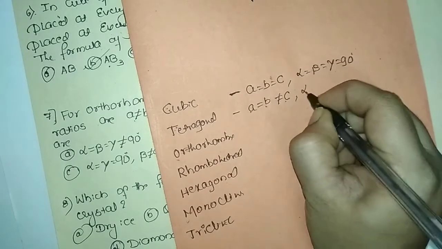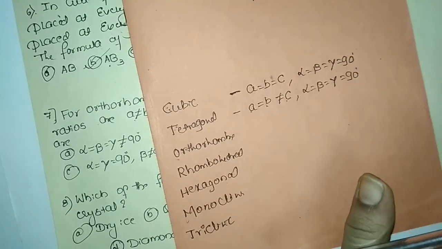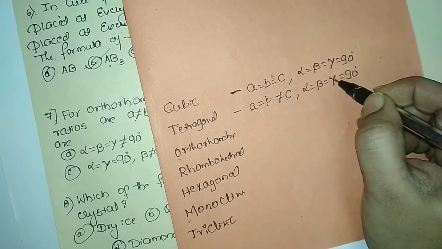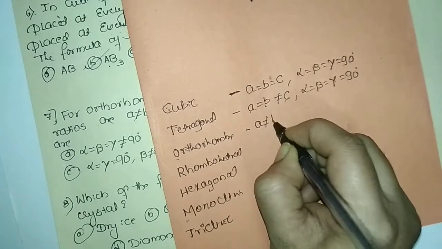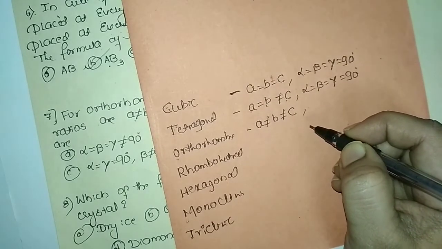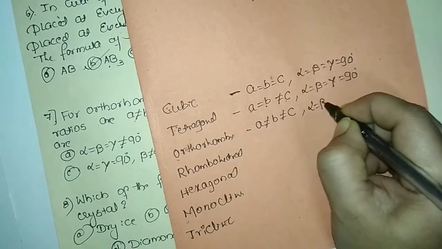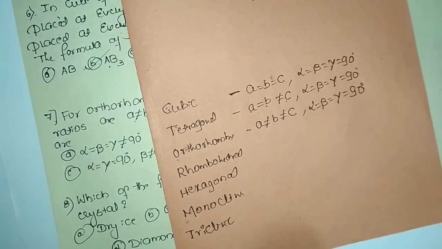Similarly, alpha equal to beta equal to gamma, that is 90 degrees. The same thing repeats here. Next, for orthorhombic, A is not equal to B, not equal to C, but alpha, beta and gamma are all equal to 90 degrees.